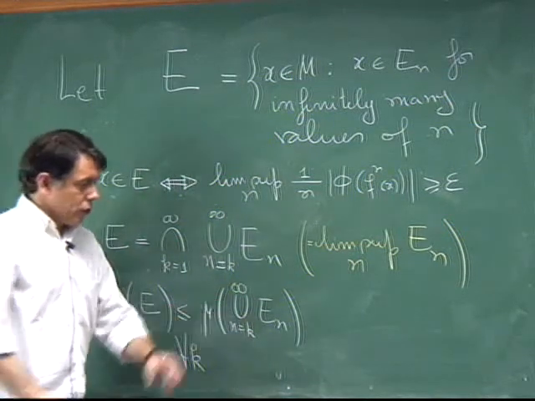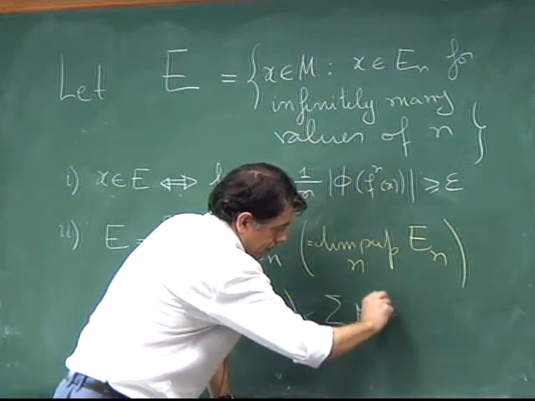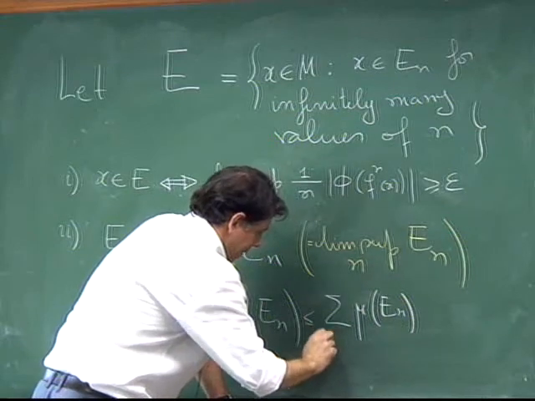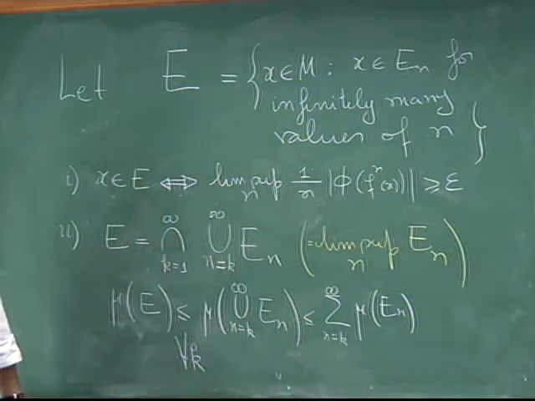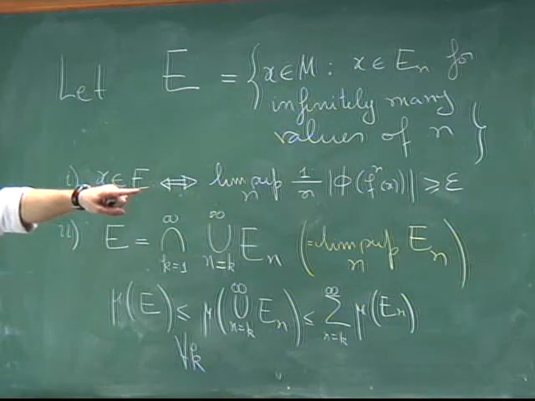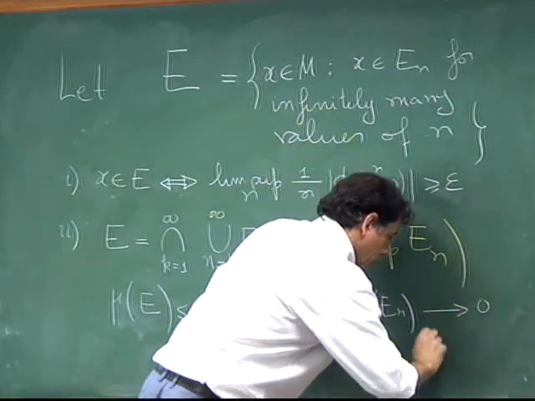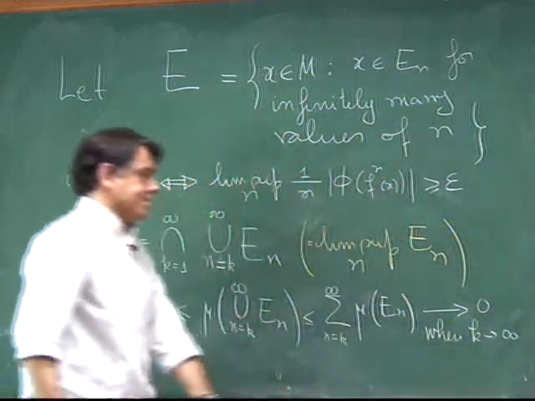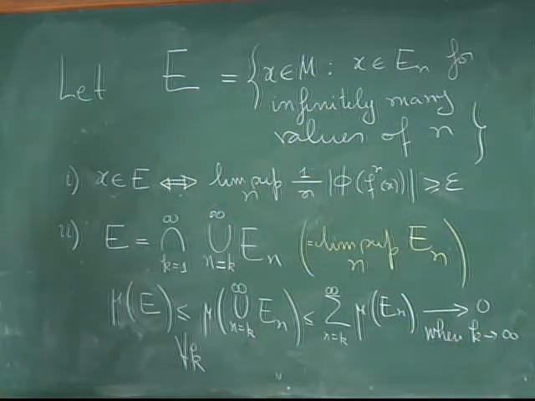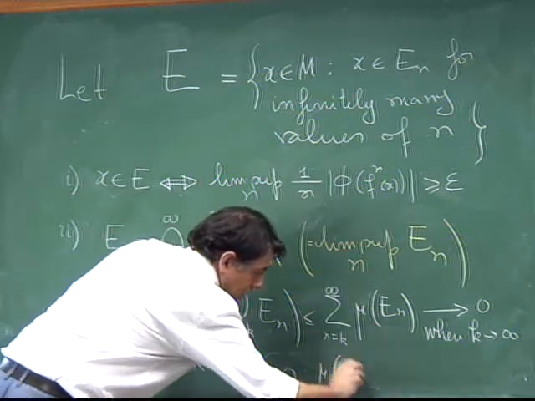And the measure of the union is less or equal than the sum of the measures. And since that sum is finite, this goes to 0 when k goes to infinity. So the measure of E is 0.